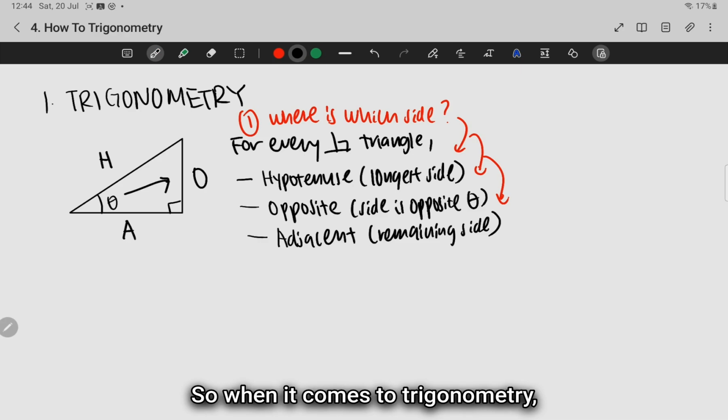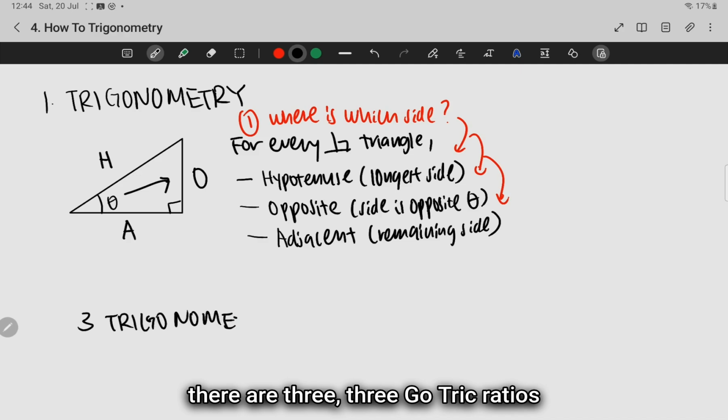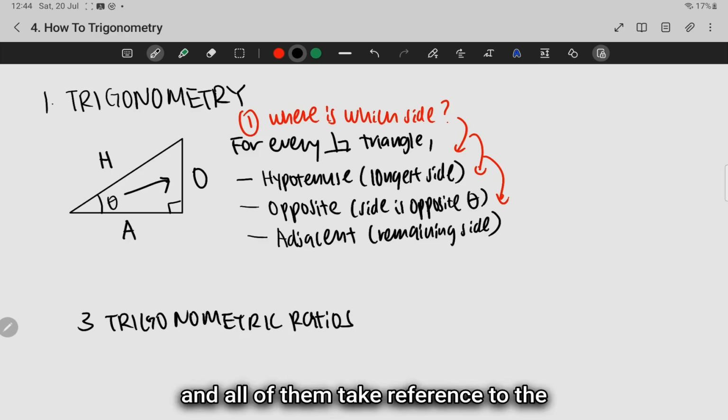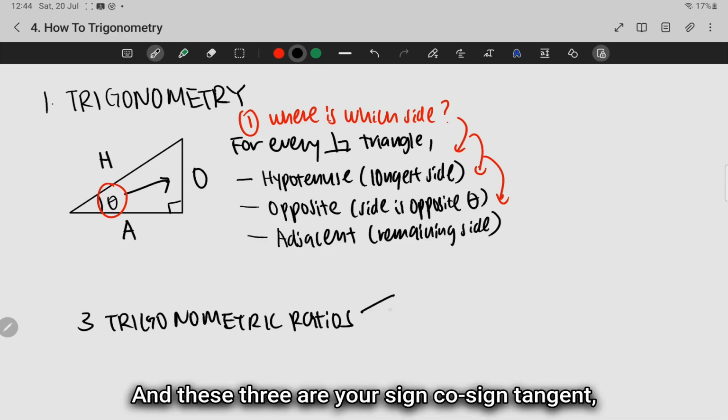So when it comes to trigonometry, there are three trigonometric ratios. And all of them take reference to the theta over here, the angle over there. These three are your sine, cosine, tangent.